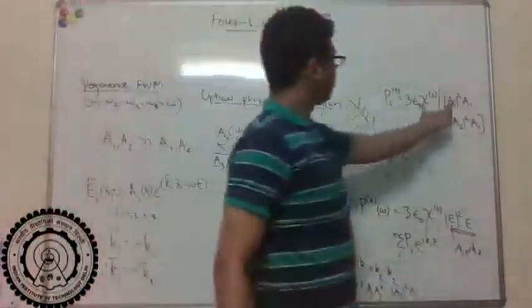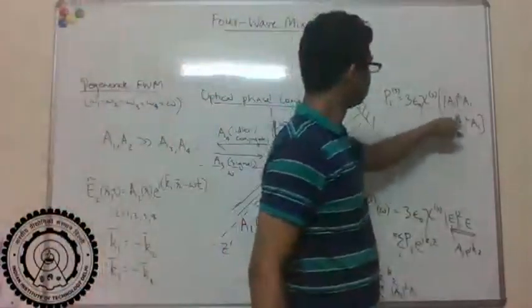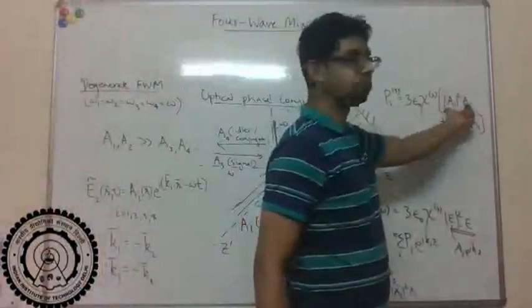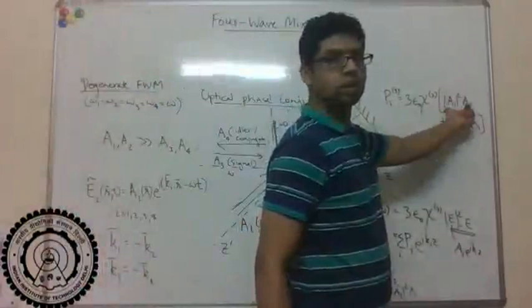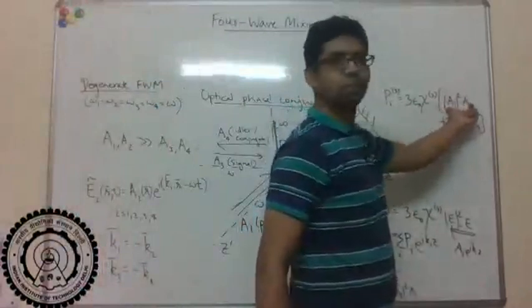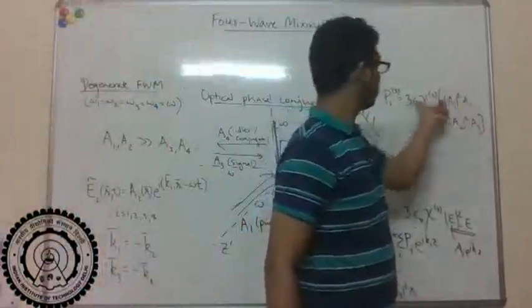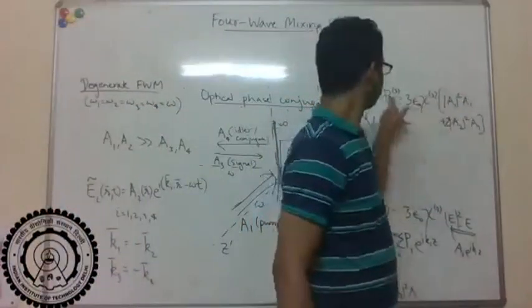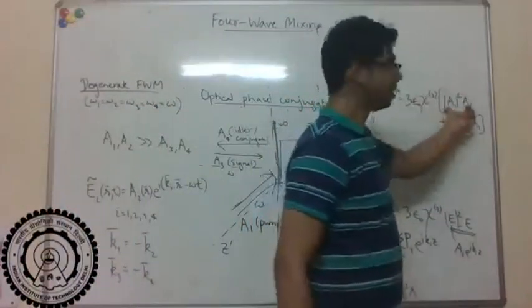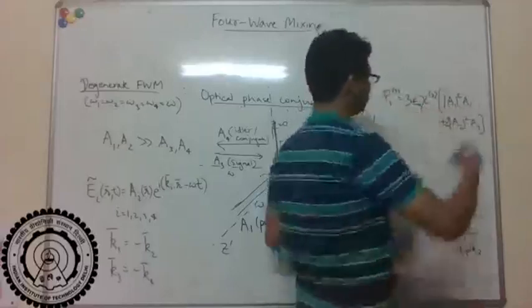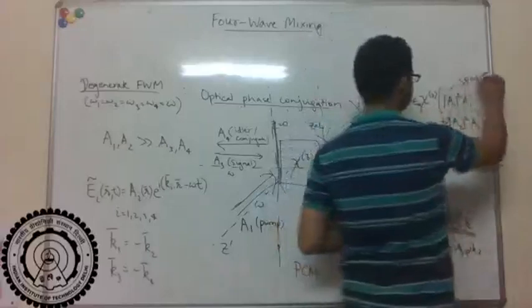And you can recognize what these are. What is this term? E conjugate into E, meaning one frequency is negative of the other, so you get the mod. But where have we seen this kind of thing before? In what phenomenon were we discussing, where we wrote the polarization like this? Yes, this is self-phase modulation, right?